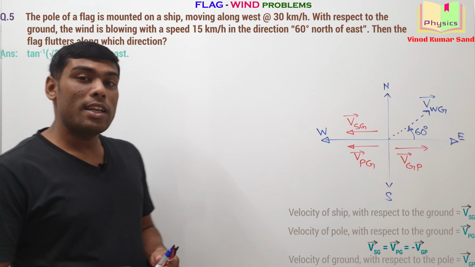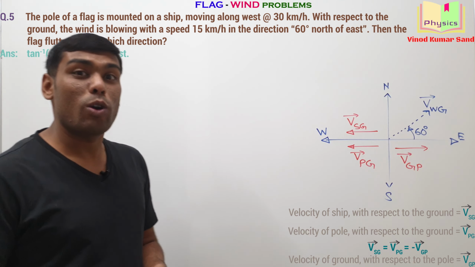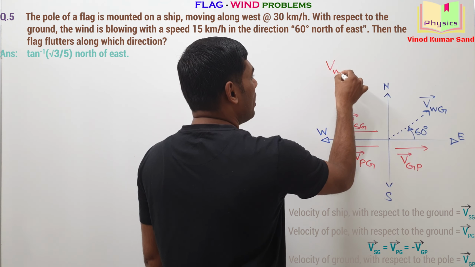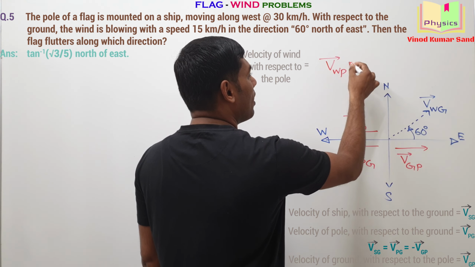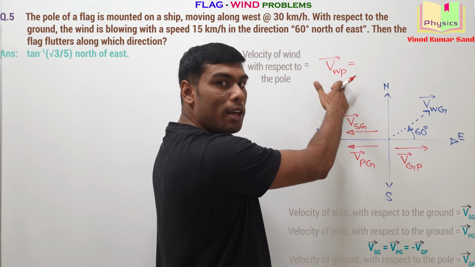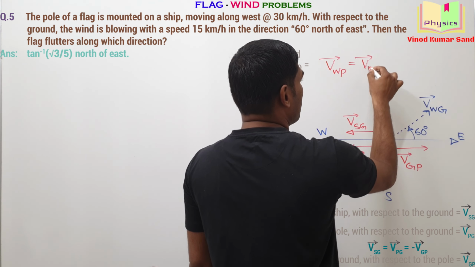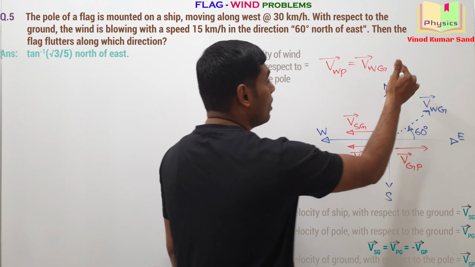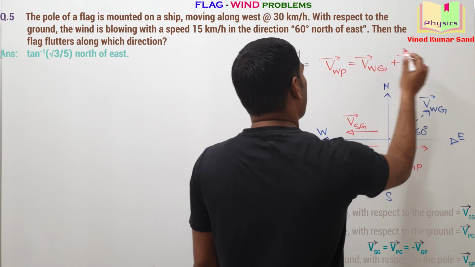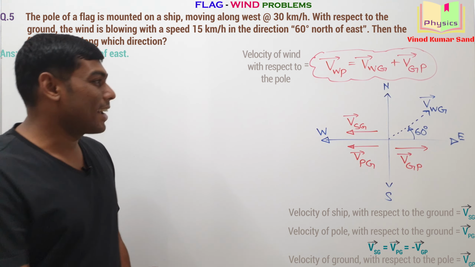Okay, we need to find the direction in which the flag will flutter, and for that what we require actually, we require the velocity of the wind with respect to the pole, because in whatever direction there is the wind with respect to the pole, the flag will flutter in that direction. This should be written as velocity of the wind with respect to ground plus velocity of the ground with respect to the pole. Same concept we are utilizing again and again.